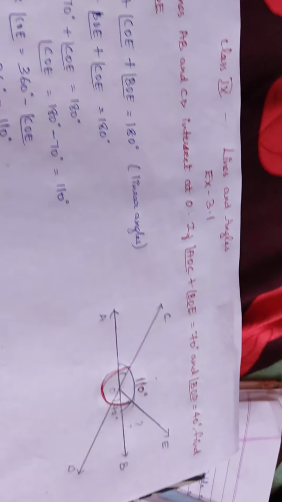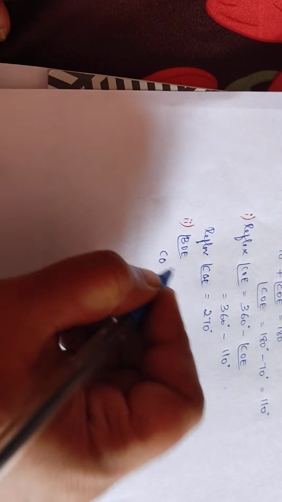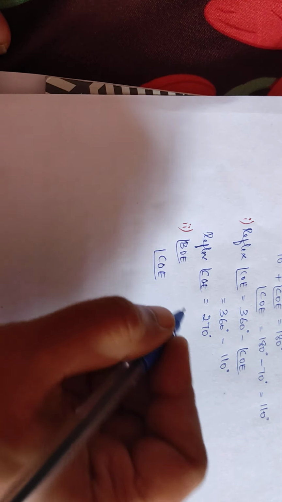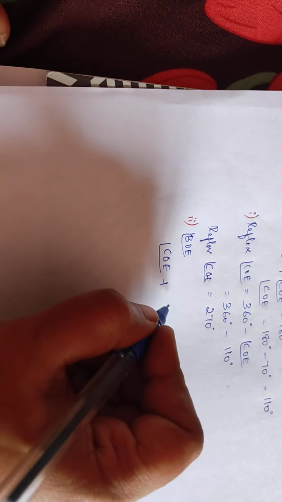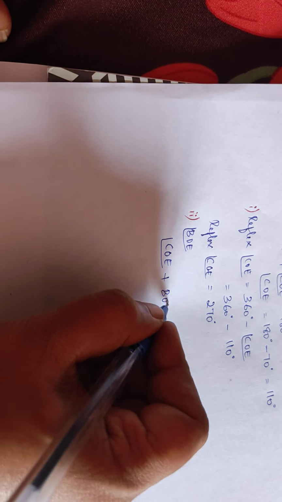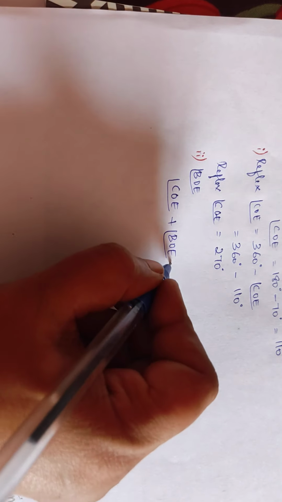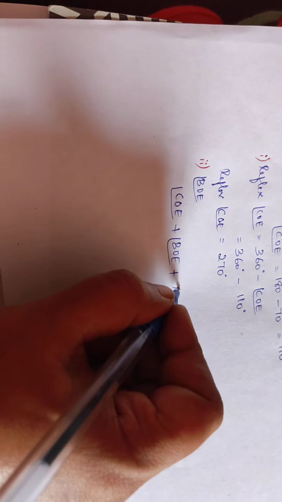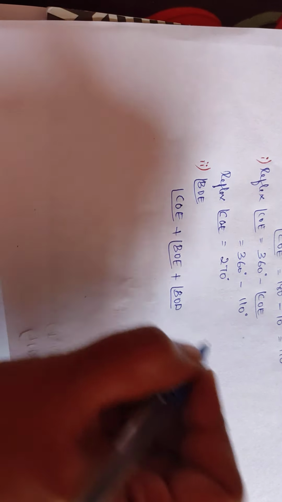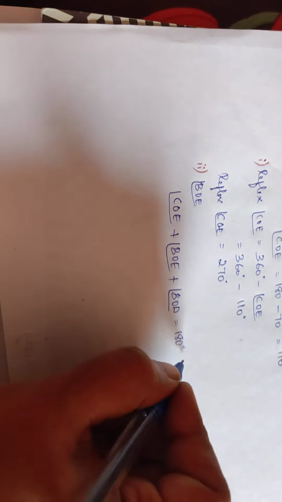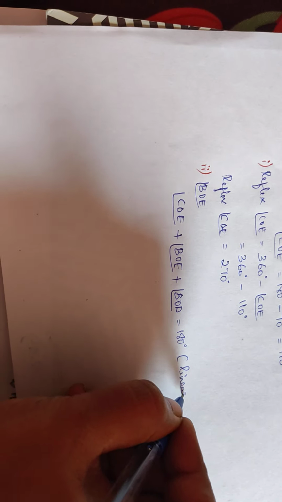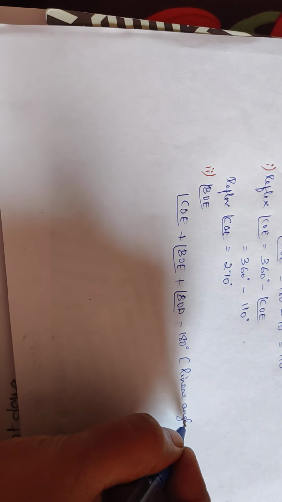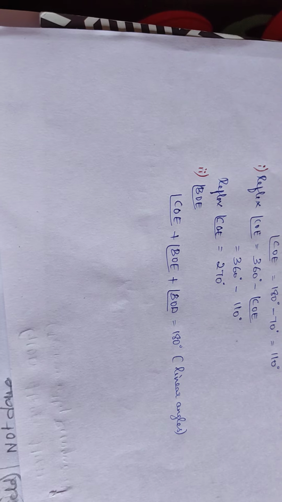So we are going to write angle COE plus angle BOE plus angle BOD is equal to 180 degrees. These are linear angles.